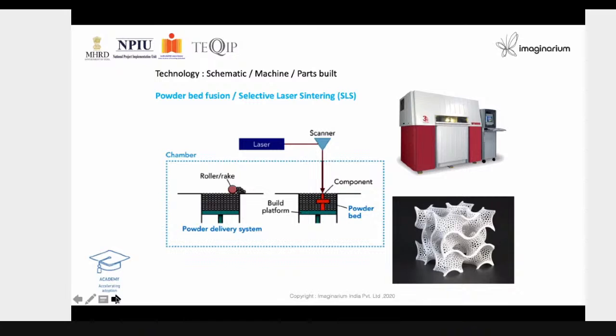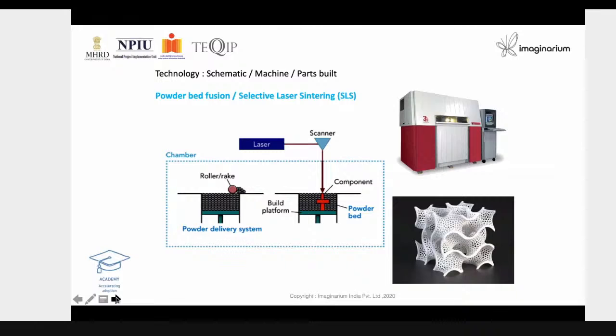And the next technology is powder bed fusion. In fact, this is the most marvelous of all technologies, powder bed fusion, because it doesn't require any support. You can do things which were impossible to make earlier. So that kind of products you can do, wherein the product can be of any complexity, no matter what, you can do it in this.